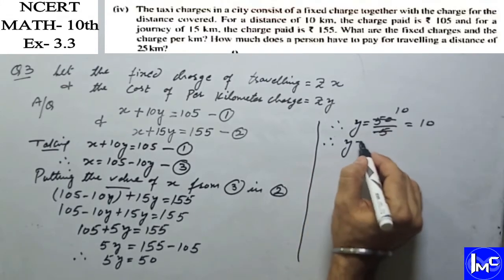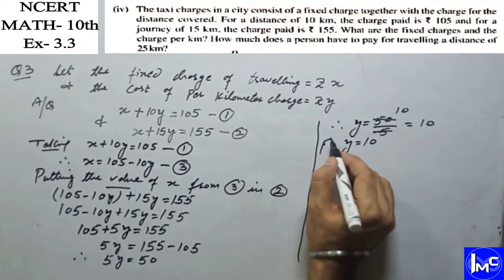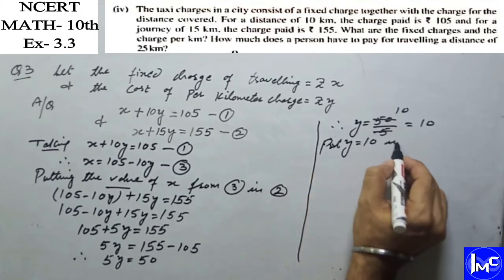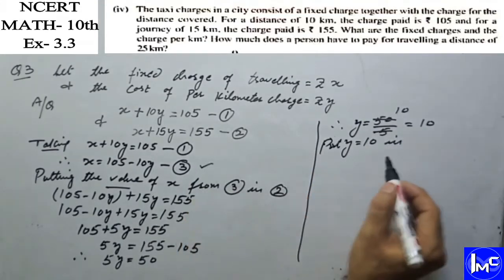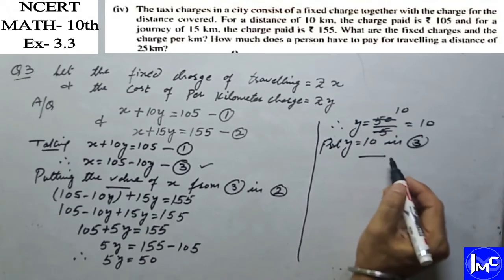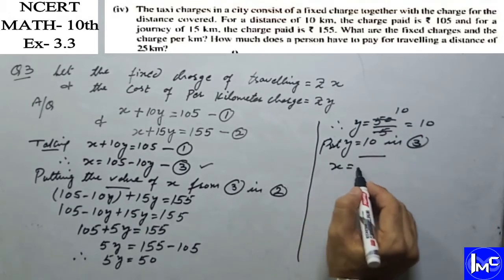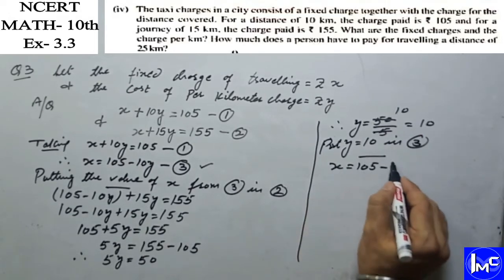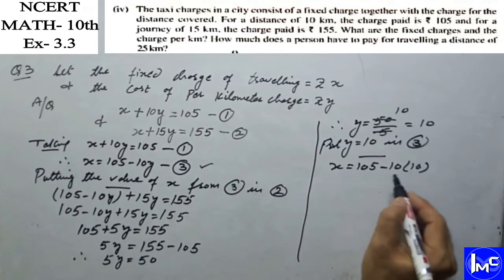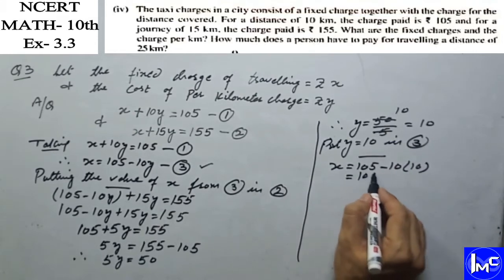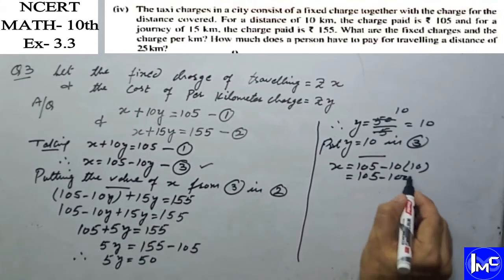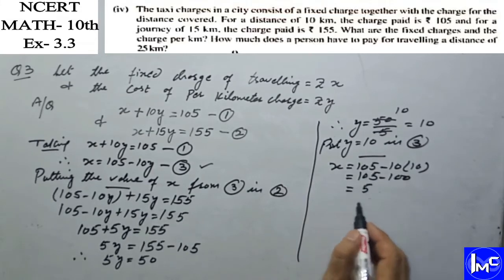Therefore, we will put y is equal to 10 in equation number 3. It will become x is equal to 105 minus 10 into 10, and it will be 105 minus 100, and this is 5.